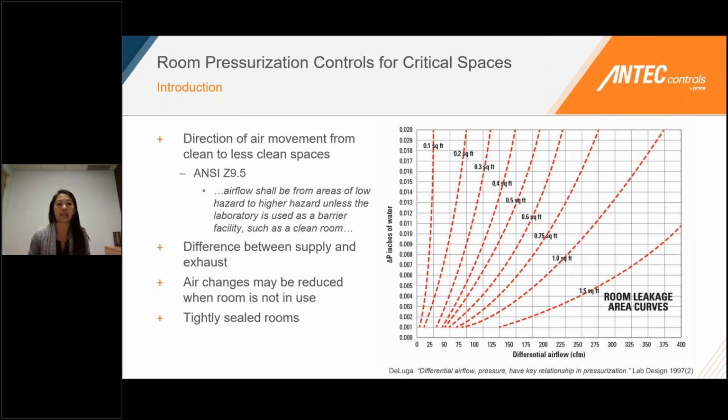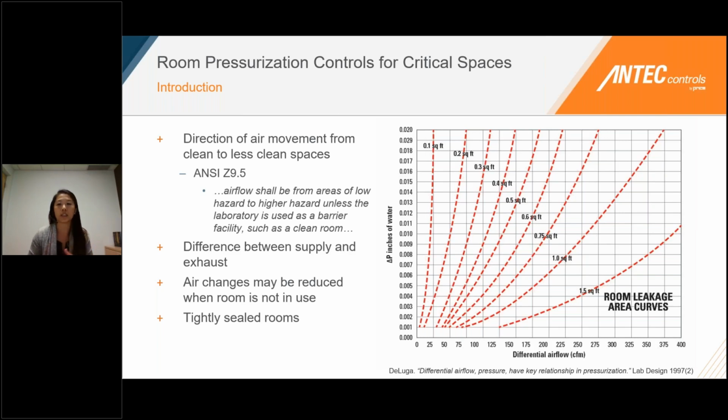What that's saying is that essentially we're going to consider the corridor the cleanest space, the cleanest air. We want that airflow to go into the lab space and then from the lab space out of the fume hood exhaust.